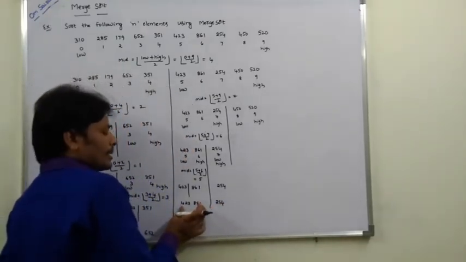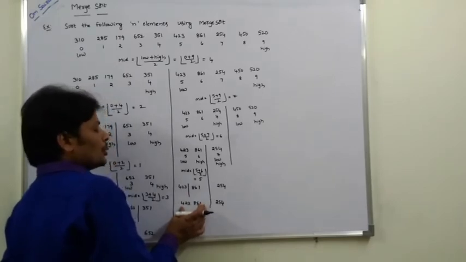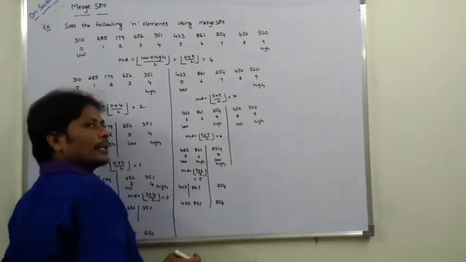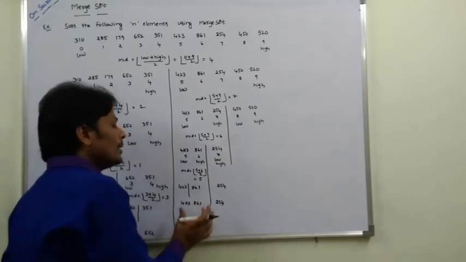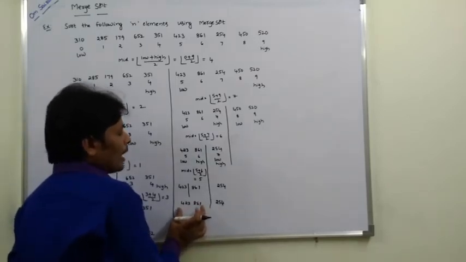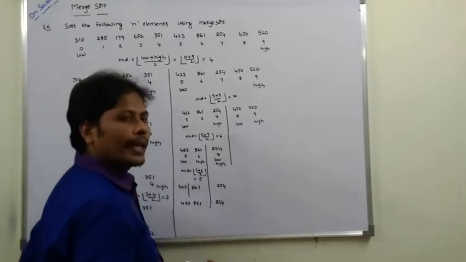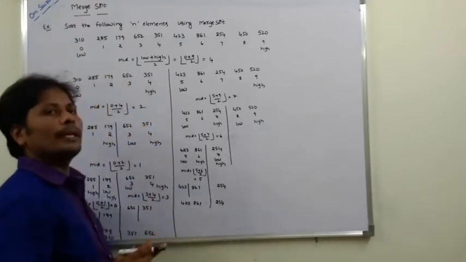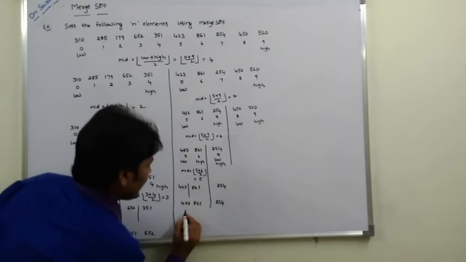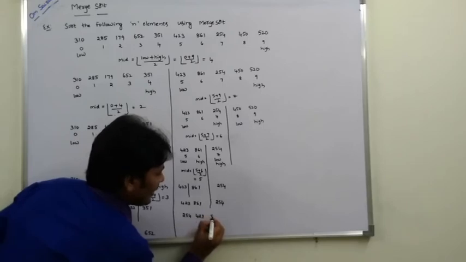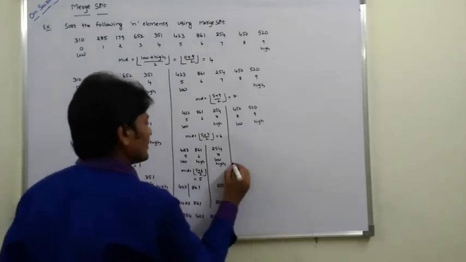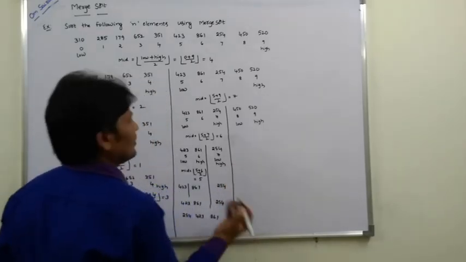So the first sublist contains 2 elements. The second sublist contains a single element. Now we have to combine these 5, 6 and 7th element and put them in sorted order. So that is 254, 423, 861. So this is the sorted order.